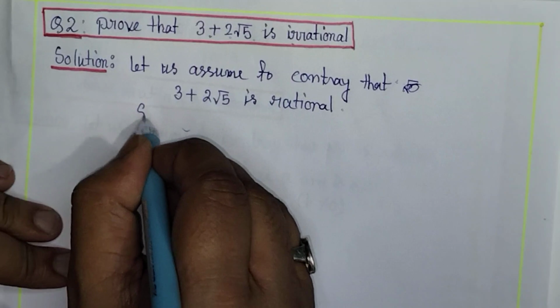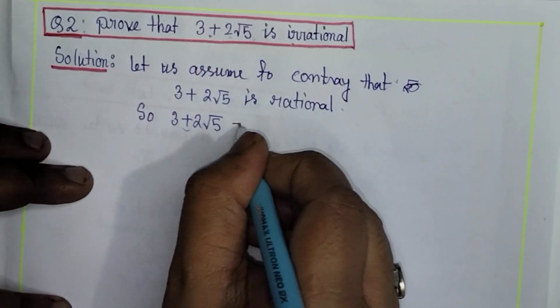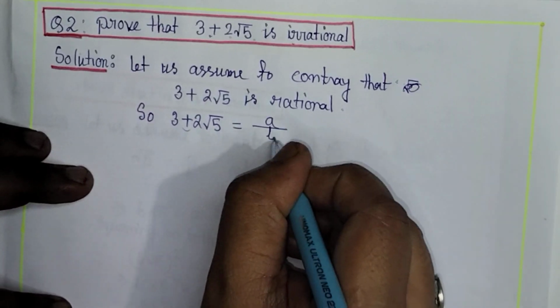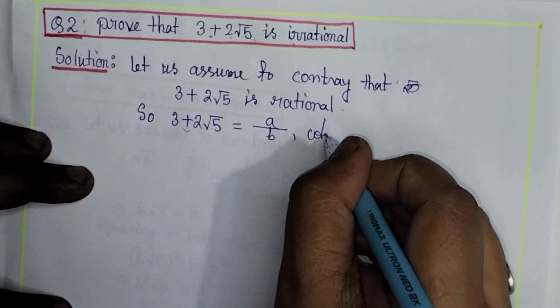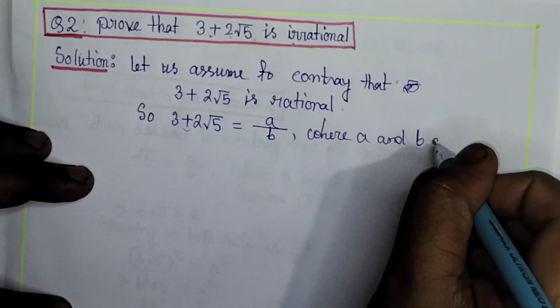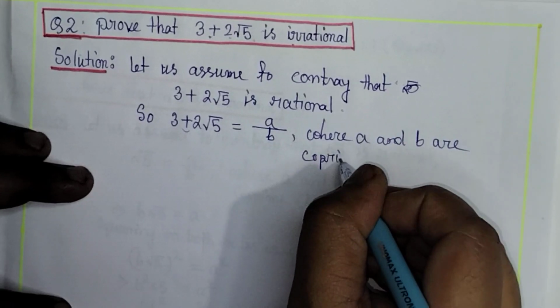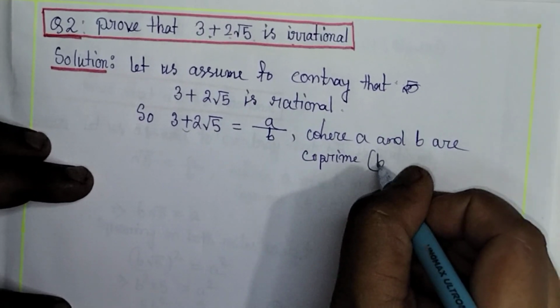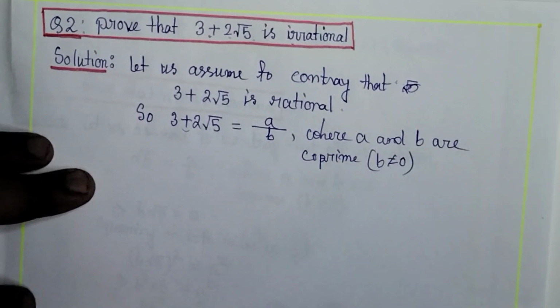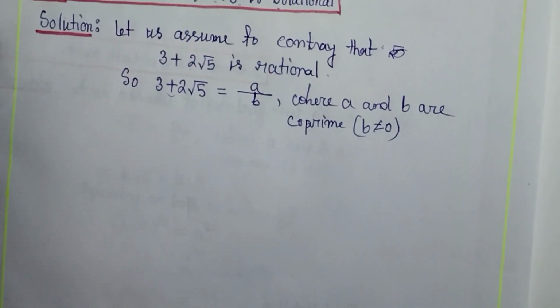So 3 plus 2 root 5 equals A by B, where A and B are co-prime and B is not equal to 0.